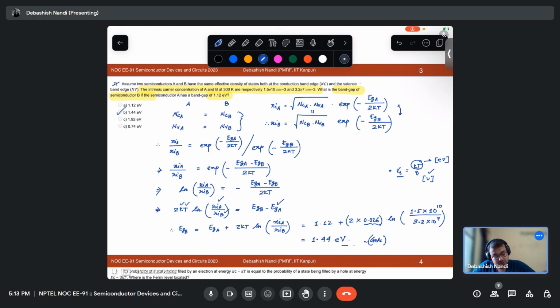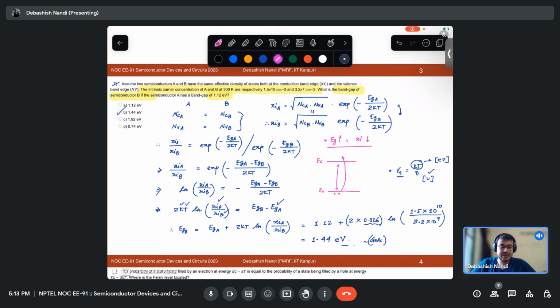Okay. So the point to note here is that if your EG is more, then your NI will be lesser, right? And why so? Because at a certain temperature, if this is my EV and this is my EC, and this gap is more, the electrons have to jump from here to here to become free electrons.